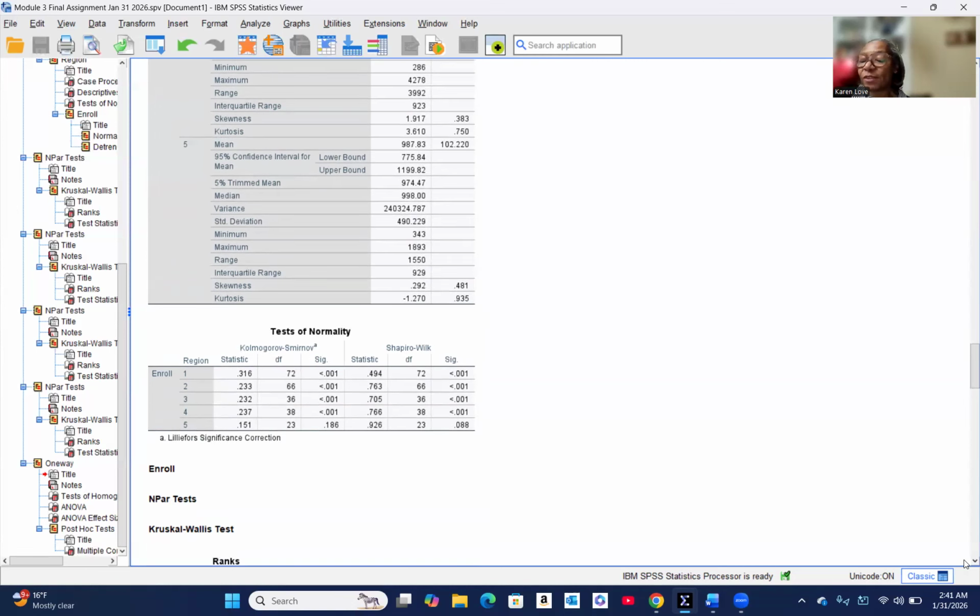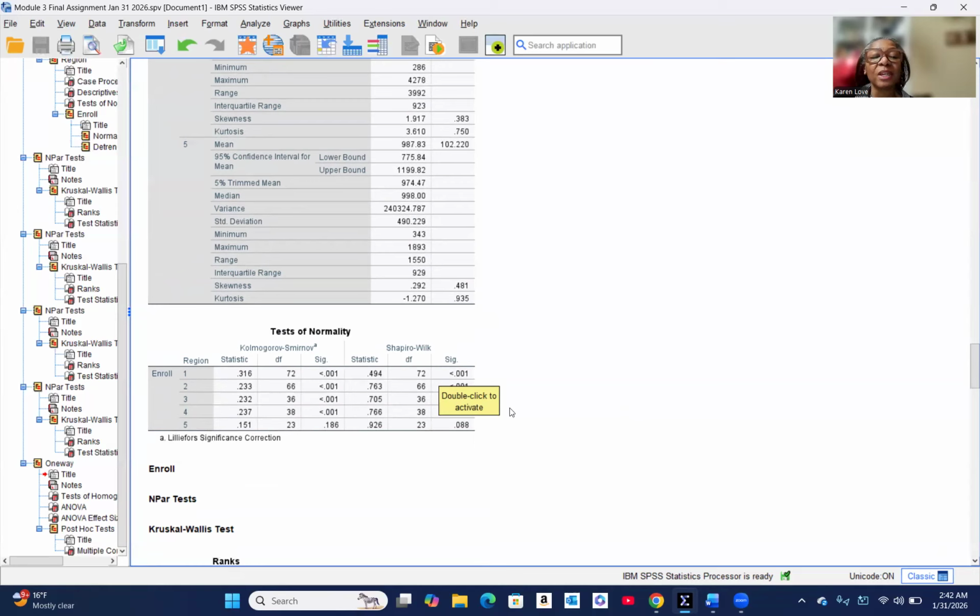So when we go down to the test of normality, I created the Shapiro-Wilk test by analyzing the descriptive statistics. So when examining the Shapiro-Wilk test for significance, we see the following. In region 1, we see that the sig is less than 0.001 under the Shapiro.